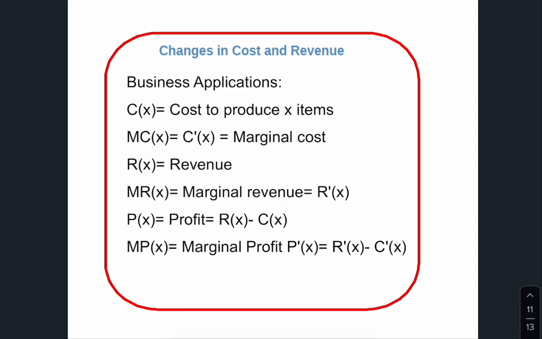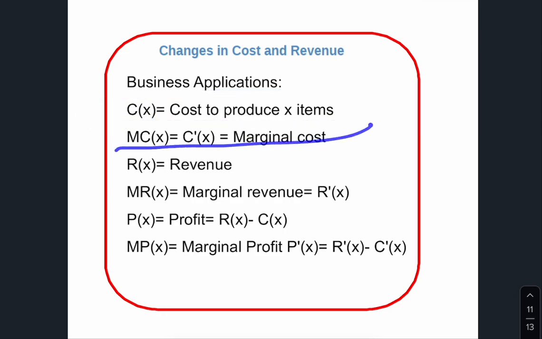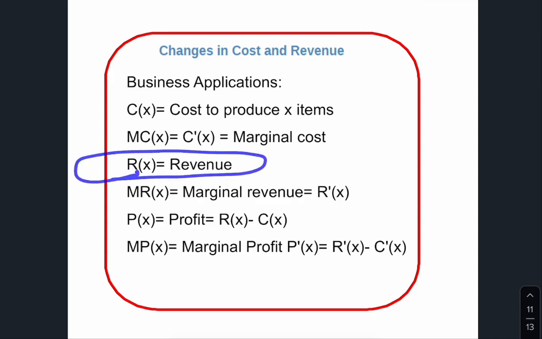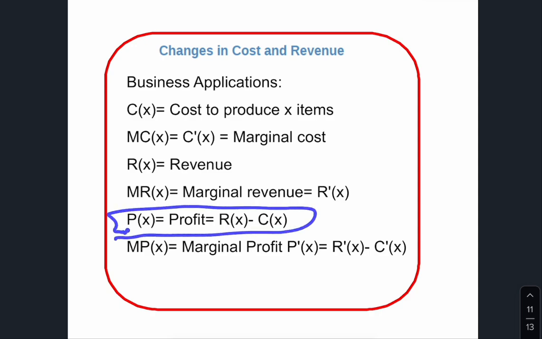And so if you have an equation about the cost of production, the marginal cost, or the change in cost per unit of production, would be the first derivative, and they called it the marginal cost. So if we know how much money we're bringing in, the revenue, the marginal revenue is just the first derivative of revenue.